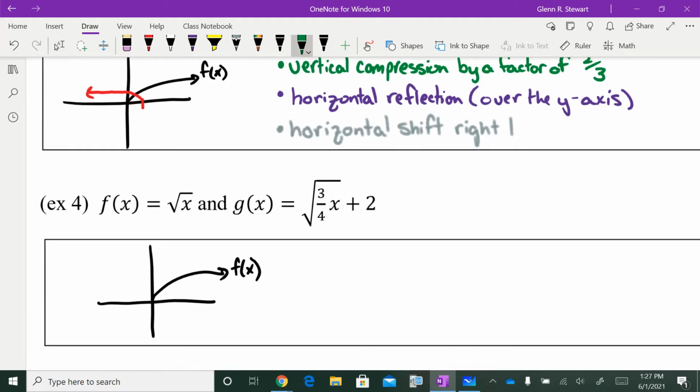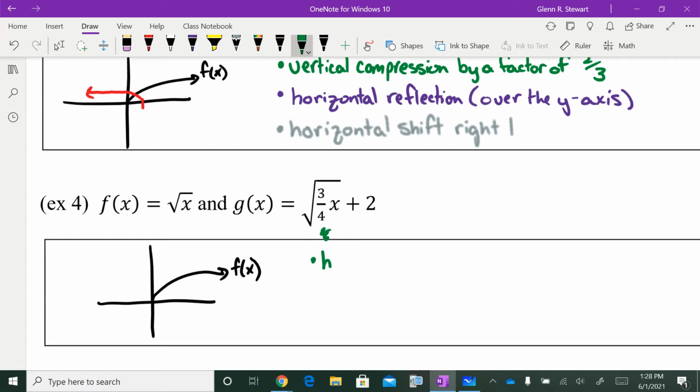Now, here's the deal. Because this is on the inside, this is something new for us. This is what we would call a horizontal stretch. Even though the number is between 0 and 1, with horizontal, we would actually flip it. It'd be a reciprocal. So therefore, it becomes a stretch.